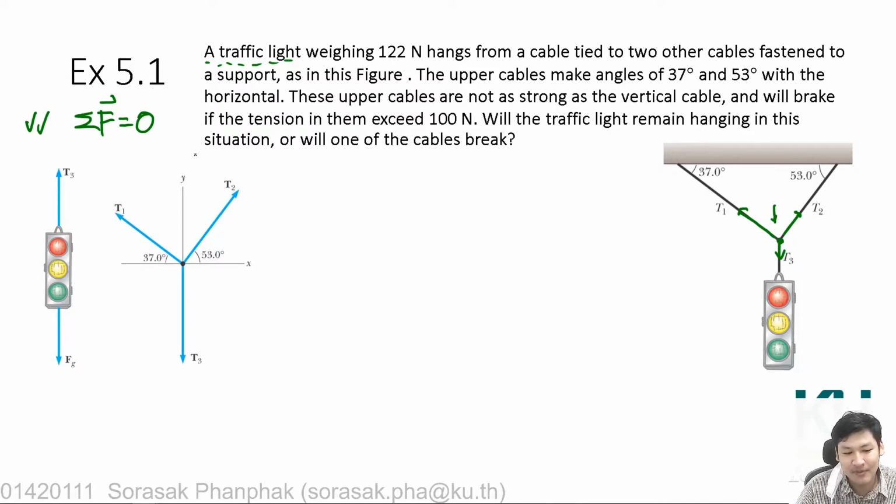And what you have to do, if you look at this system, is think about the key objects you're looking at. The first object is your traffic light. Another thing is this knot. This is an important thing that you have to figure out.